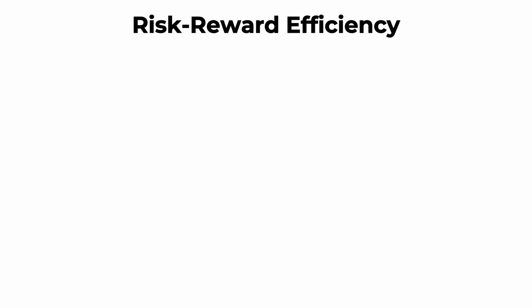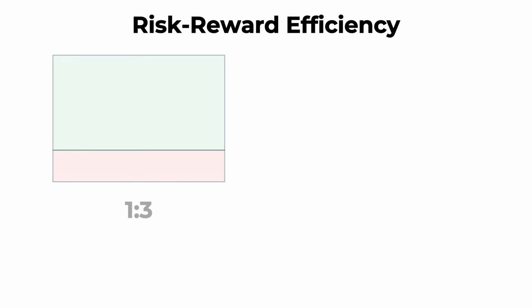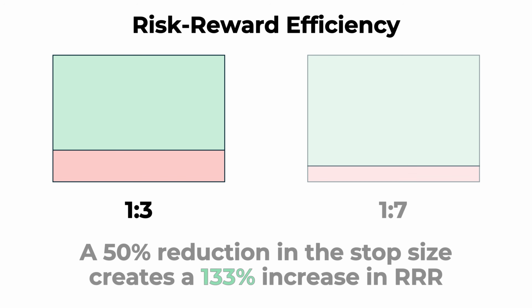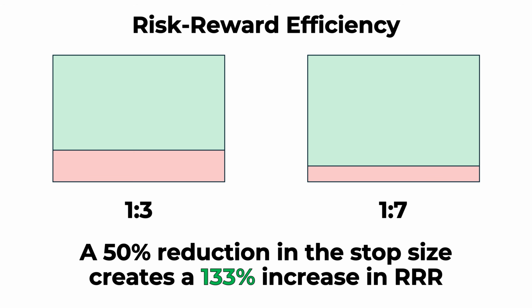Notice that risk-reward efficiency is nonlinear. If we start from a 1-to-3 ratio and reduce the stop size by 50%, we get a 133% increase in risk-reward ratio with all else maintained equal. With a 1-to-7 ratio, you can be wrong for the next 7 trades and still break even.